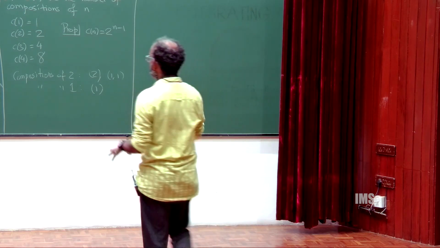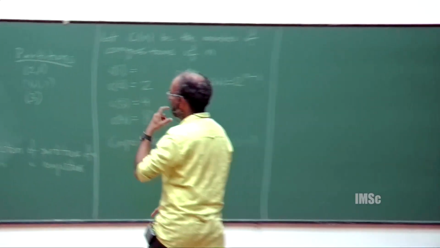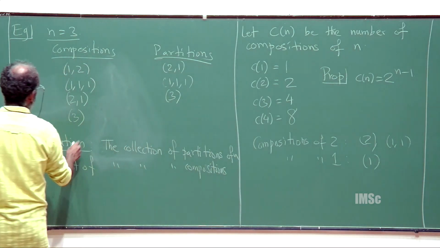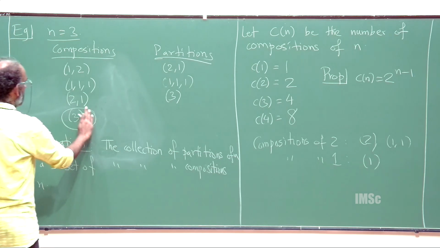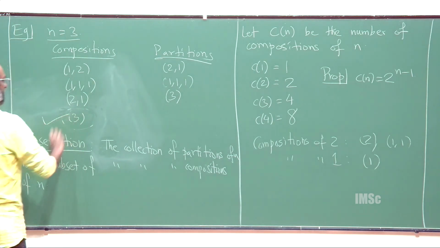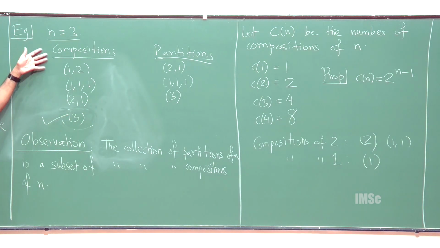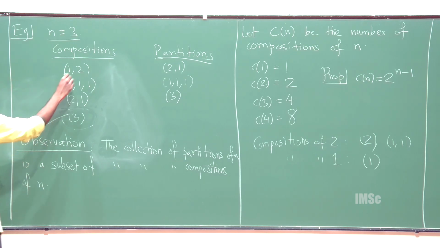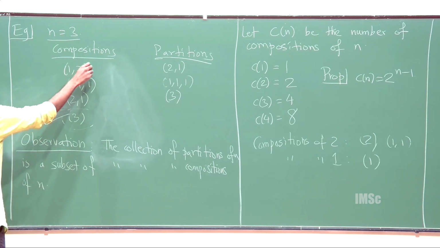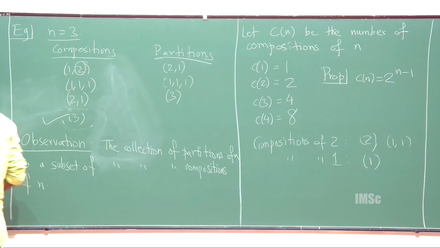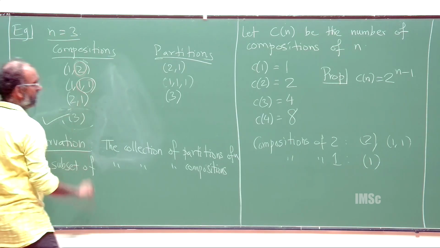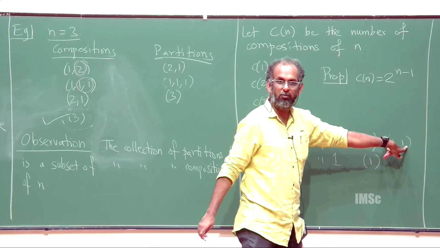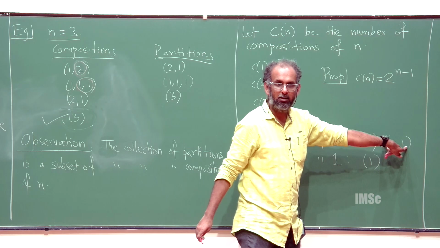So let us just check in this example. For 3, it's either 3 itself, as you said. Okay, let me make a tick mark here. Or it starts with 1, in which case the remaining is either 2 or 1 comma 1, and here are the 2 compositions of 2.